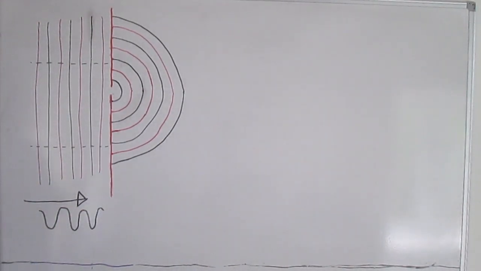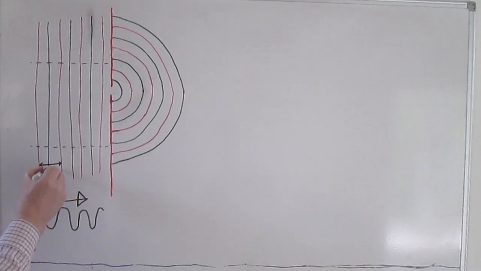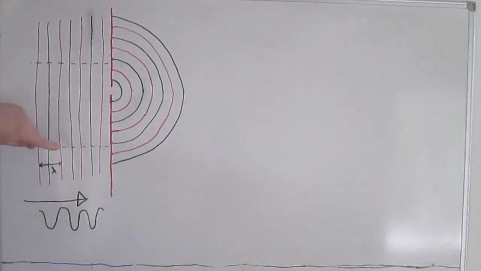Okay, so that's what these things are representing, and therefore that is one wavelength in this case, because it's the distance from peak to peak or trough to trough.